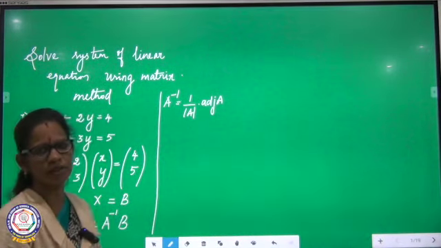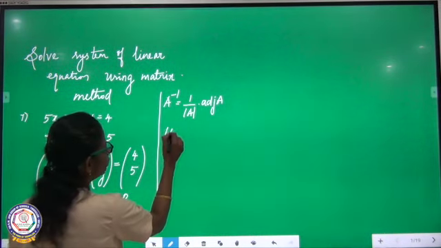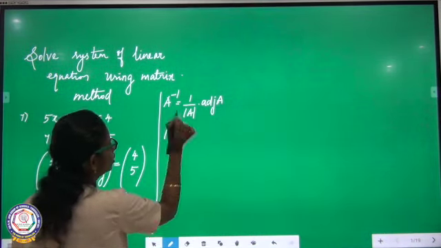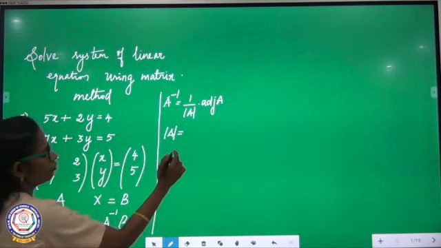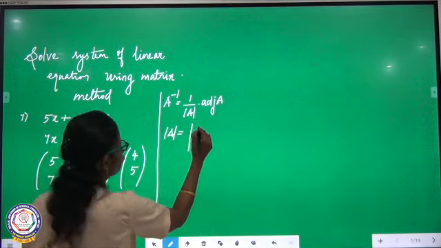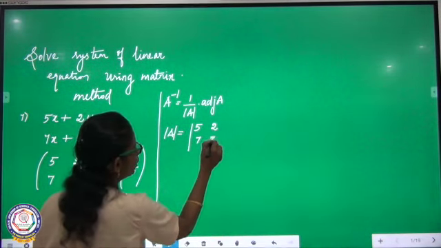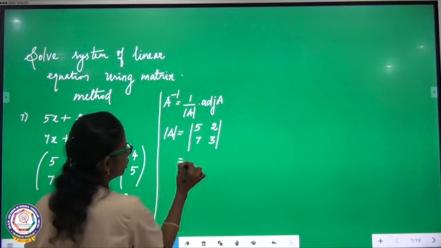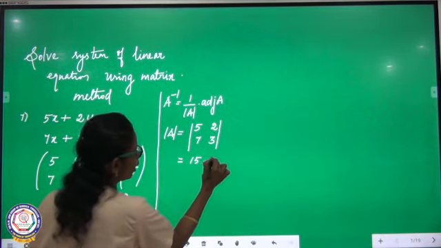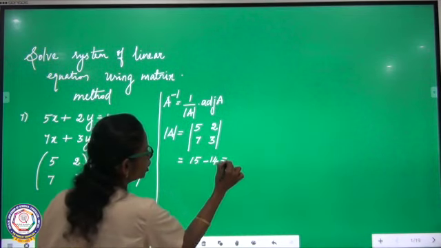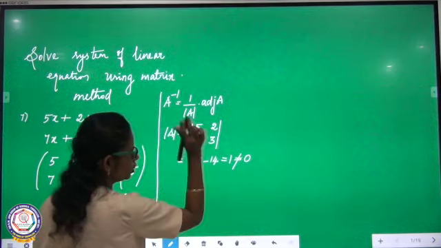Now first you want to find determinant A. Determinant A, you place A in the form of determinant 5, 2, 7, 3, which is equal to 5 3s are 15 minus 14 equal to 1, not equal to 0.